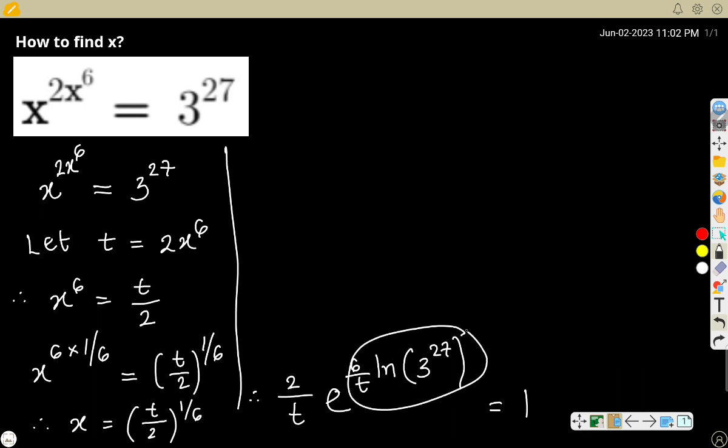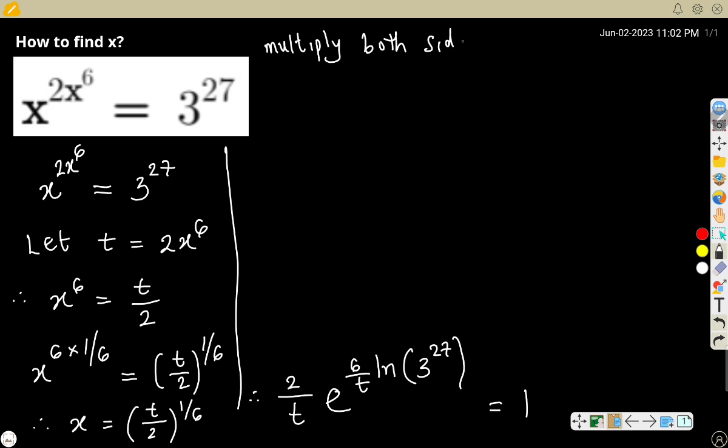I have e raised to power 6 over t in that. So let's multiply both sides by 3 ln 3 raised to power 27.